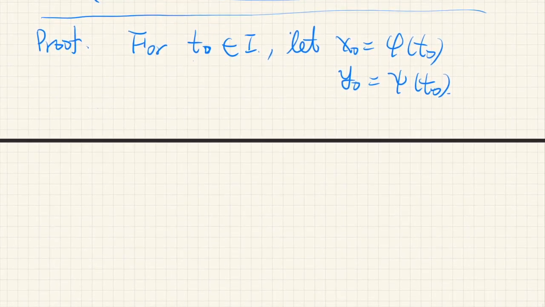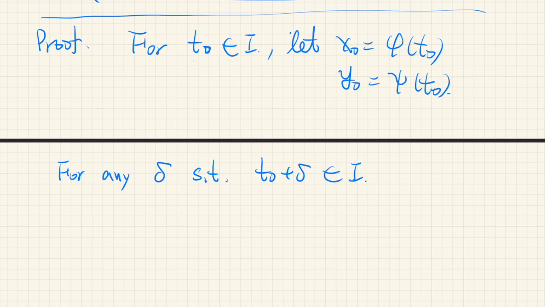And for any delta such that t0 plus delta is still in the interval, let's say we have this open interval.